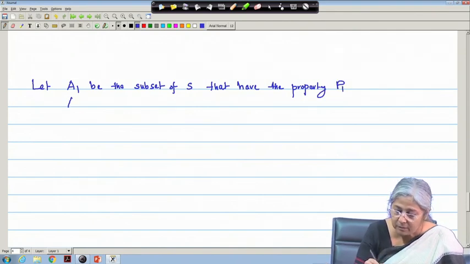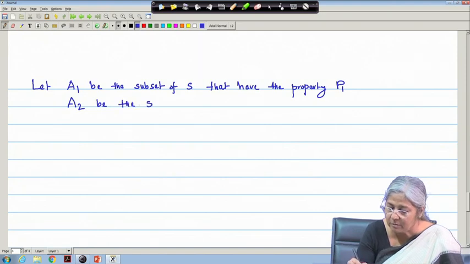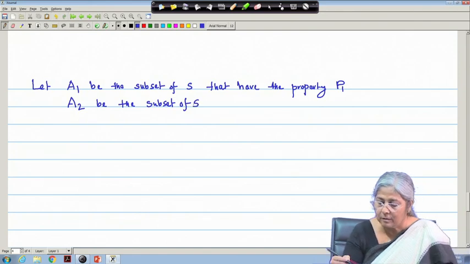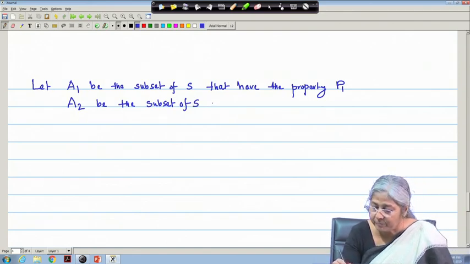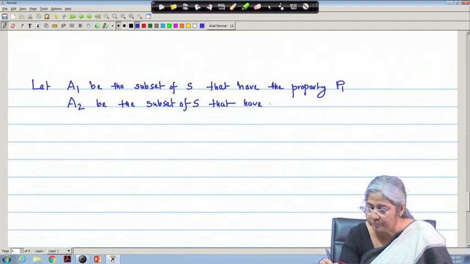Similarly, A2 be the subset of S where each element has the property P2.